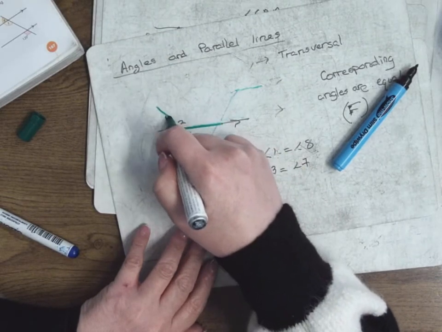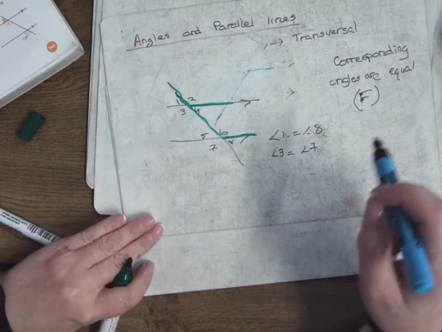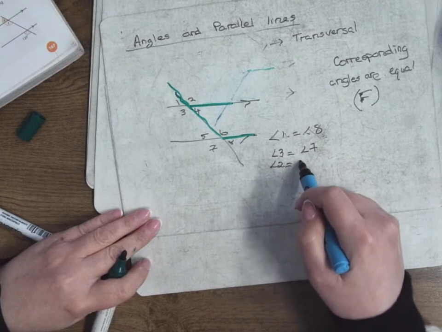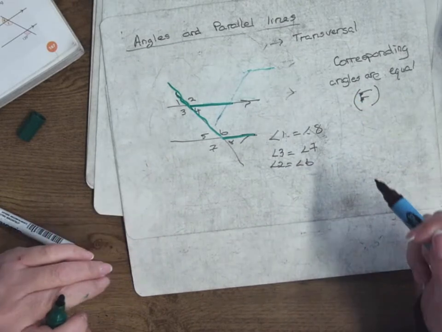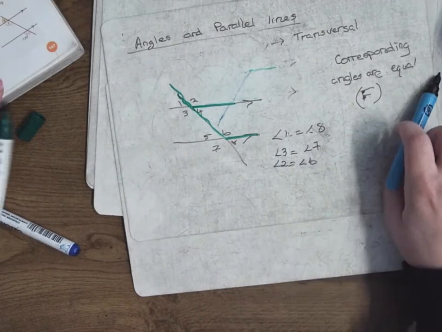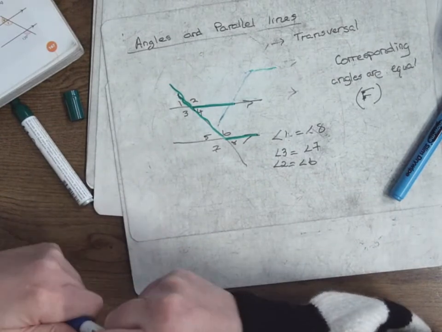See the way the F is upside down? So which angles are equal? 2 and 6, aren't they? 2 and 6. And they're called corresponding angles. So if anyone says why are they equal, you say they're corresponding, and that explains an awful lot. Right? And now I'm going to draw an upside down and a backwards F.